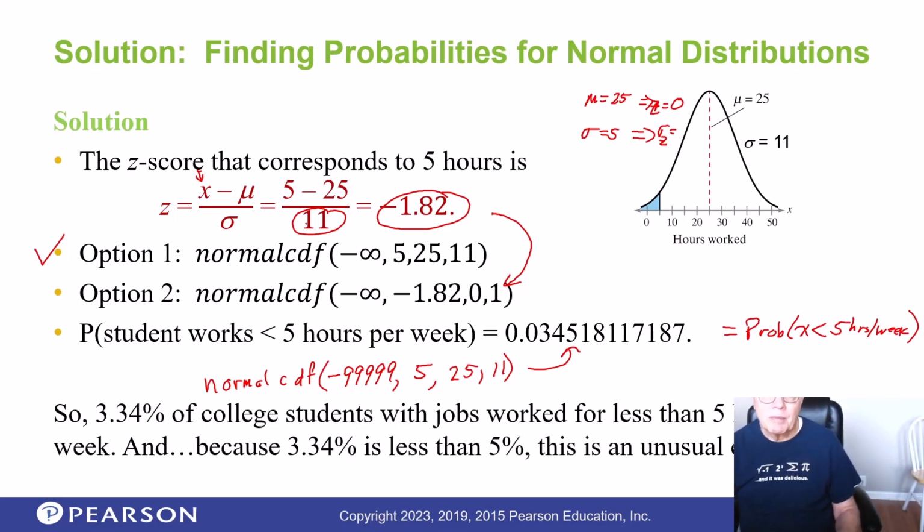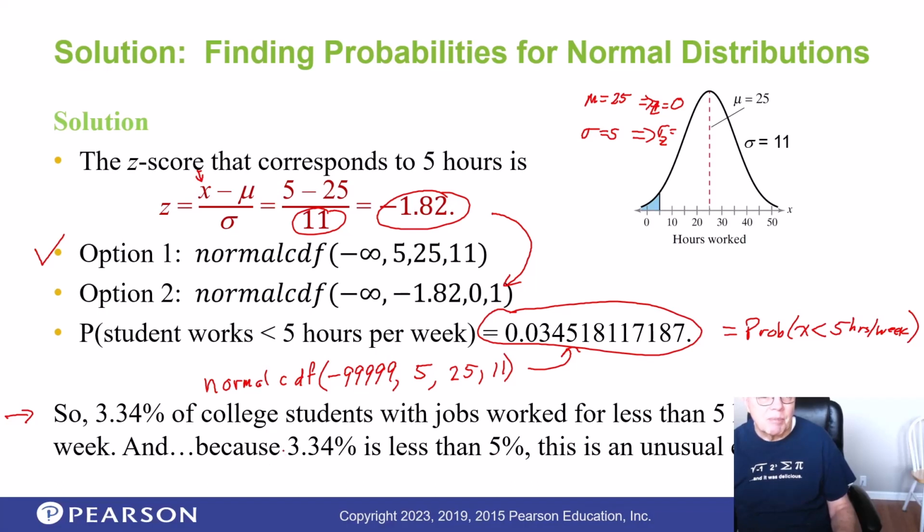So remember, this number right here, if we convert that to a percent, we've got our answer. About 3.34% of college students with jobs work less than 5 hours per week. And because it's less than 5%, it's unusual.